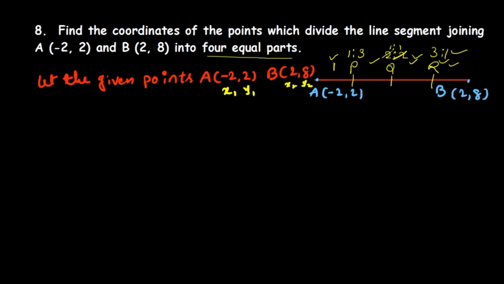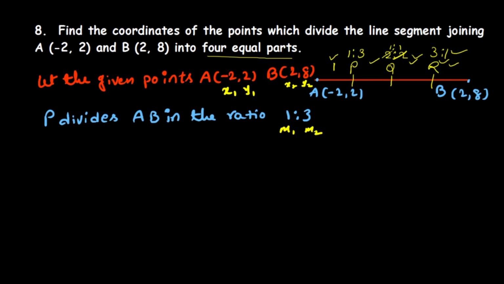So the first point P divides AB in the ratio 1:3, so this is m1:m2.